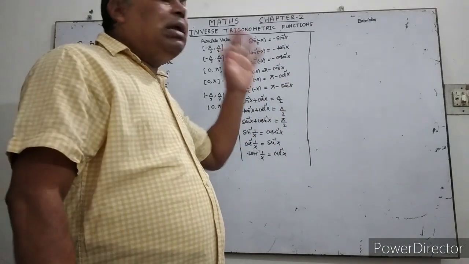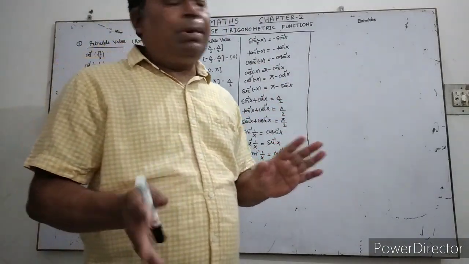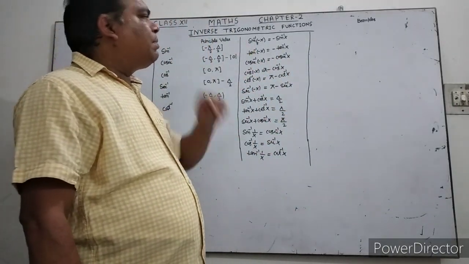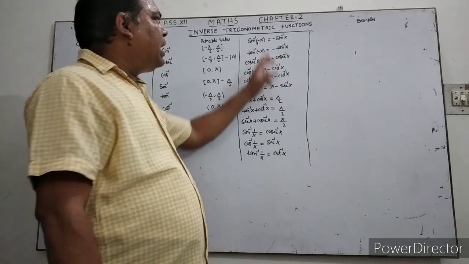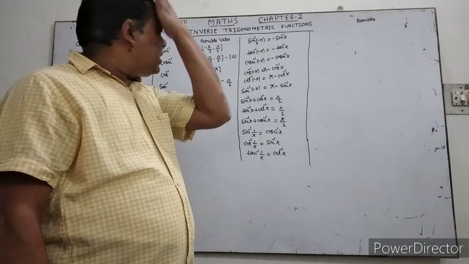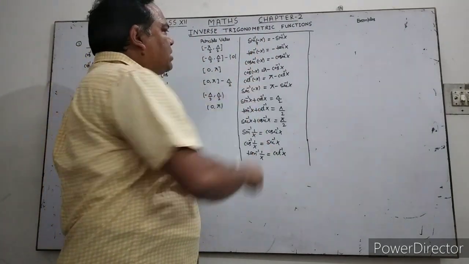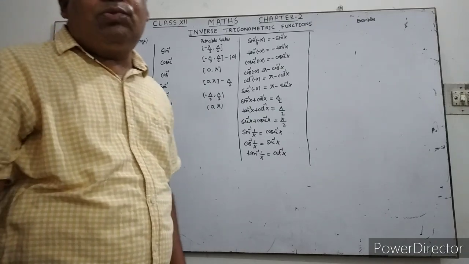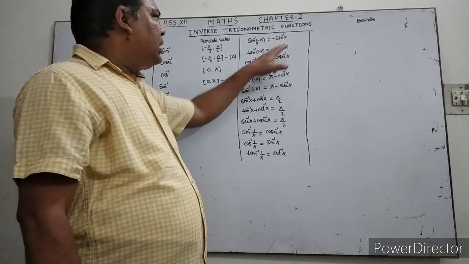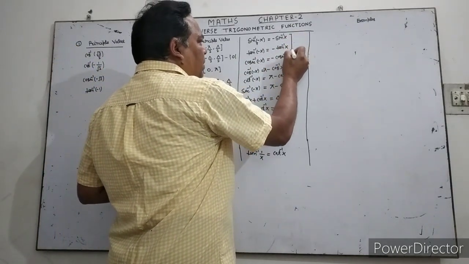These formulas are given in NCERT books and side books both, but we write here: sine inverse of minus x equals minus sine inverse x, tan inverse of minus x equals minus tan inverse x, cosec inverse of minus x equals minus cosec inverse x. These are of the same type, remember it.